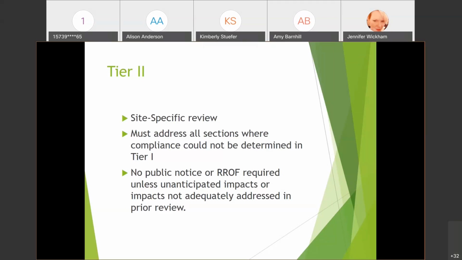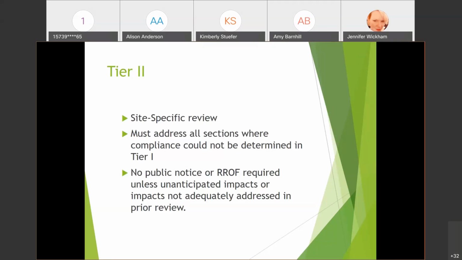If you have endangered species in an IPaC report, a Fish and Wildlife Service IPaC report, that would be at a tier 1 level, where it shows endangered species at a large area, like at a city level. Now, if you wanted to know if endangered species were on a specific project site, you would then fall into a tier 2.